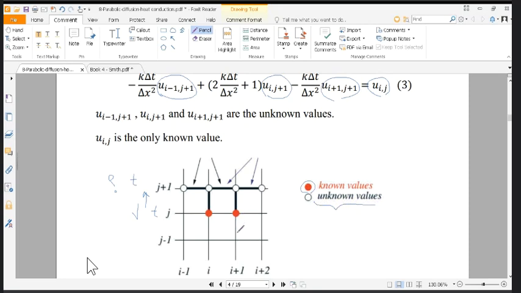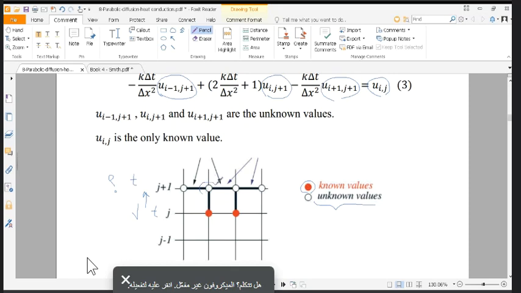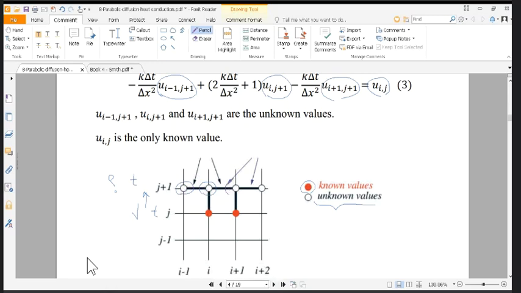And for point i and j plus 1, we need i minus 1 and j plus 1, i and j plus 1, i plus 1 and j plus 1, and i and j. You need 4 points. Okay.